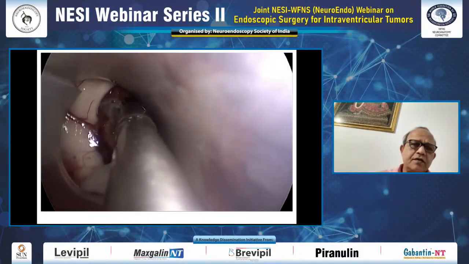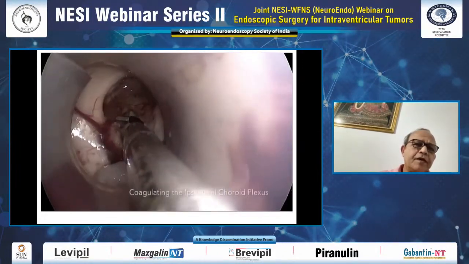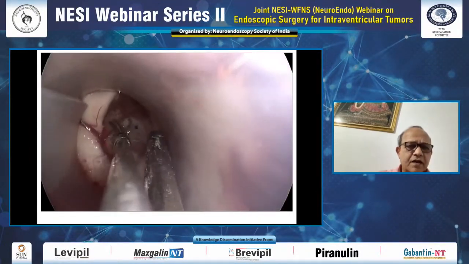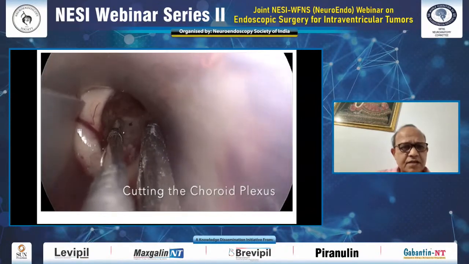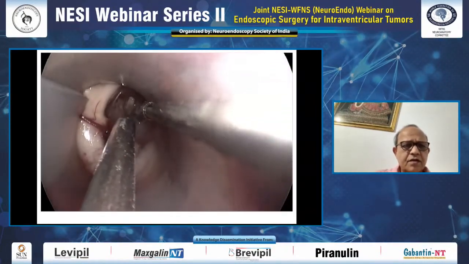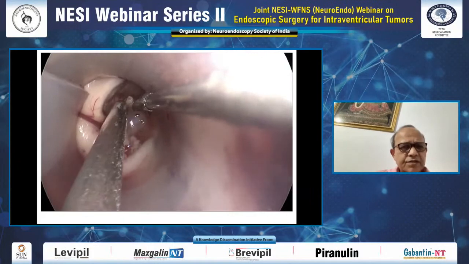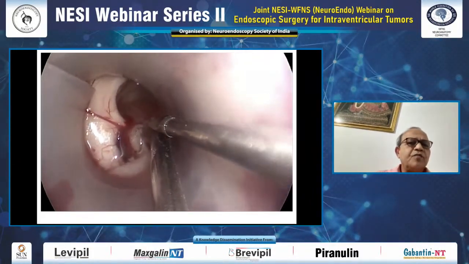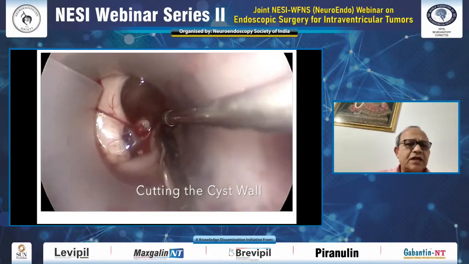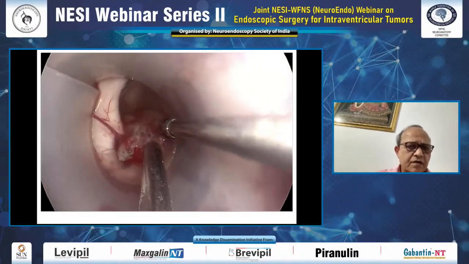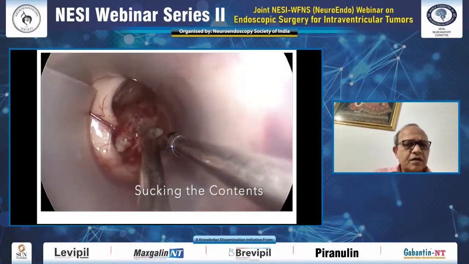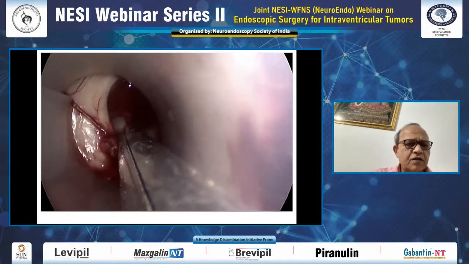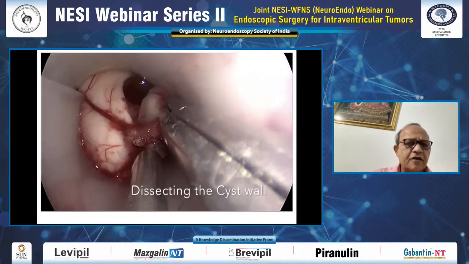Coagulate the choroid plexus, cut it so that you disconnect the plexus from the cyst wall, dissect it, incise the wall of the colloid cyst, decompress it initially, and then try to deliver the cyst in the lateral ventricle.